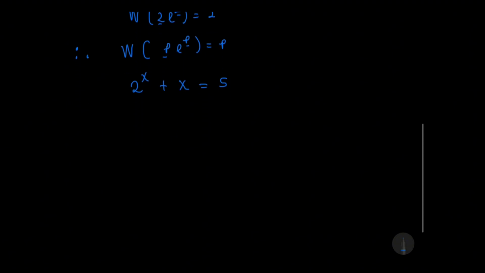The first thing that you want to do is to separate 2 to the power x and x. To do that, we have to subtract both sides by x.